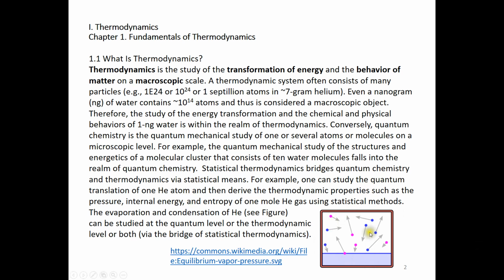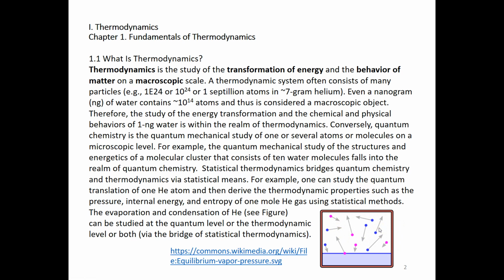We can also study the same system via 2 different methods: quantum mechanical and thermodynamic. When we look at this diagram, this is the evaporation and condensation of helium. This is liquid helium, and we have moving helium atoms in the gas phase.